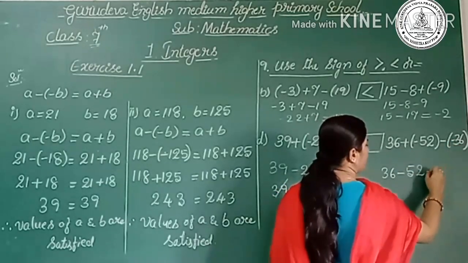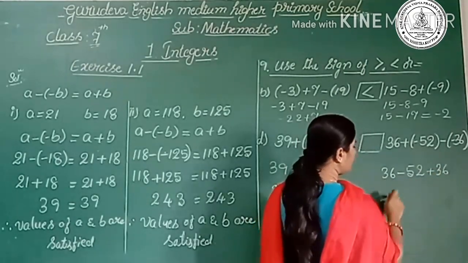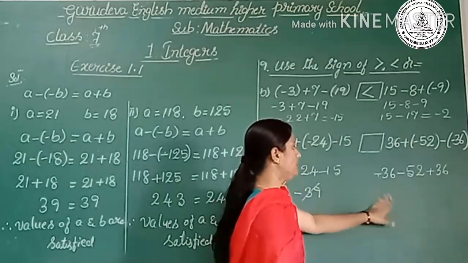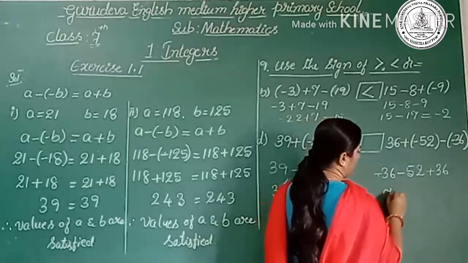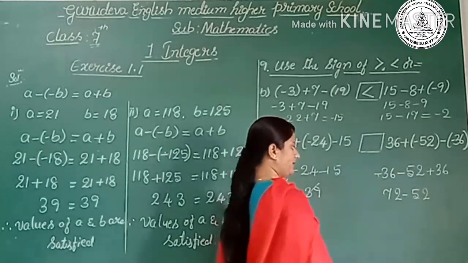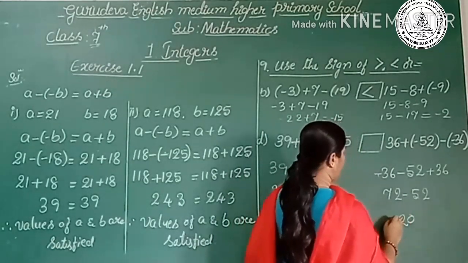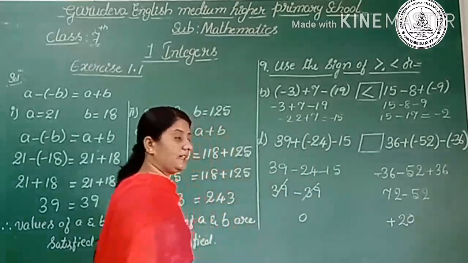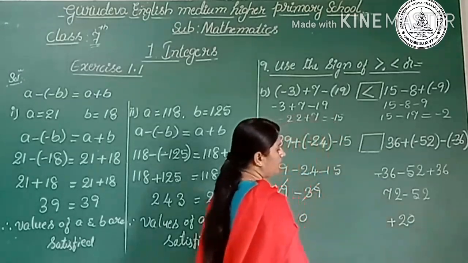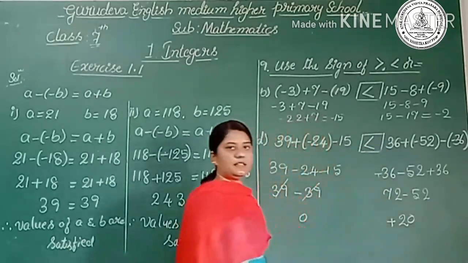Minus into minus is plus 36. So here plus 36 and plus 36 is 72 minus 52. If we subtract, we will get plus 20. Which is greater, 0 or plus 20? Yes, so plus 20 is greater, so we have to show the greater than symbol.